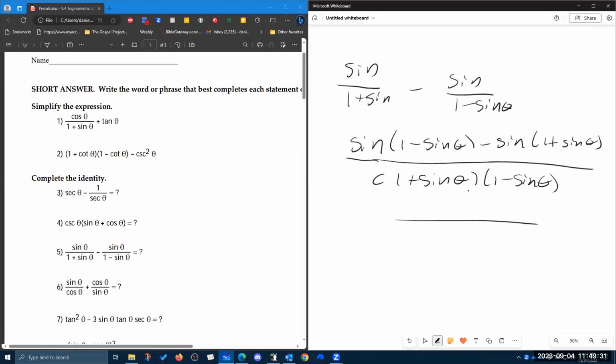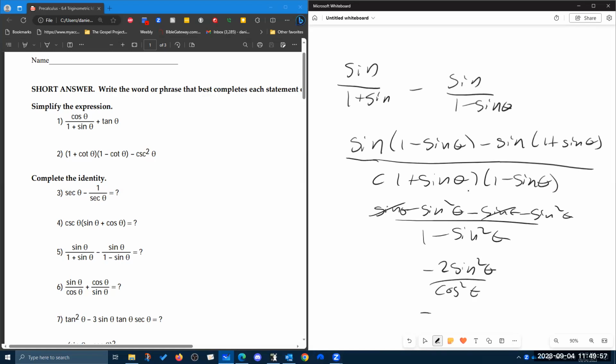And then the denominator, we get a 1 minus sine squared, which is a cosine squared. And at the top here, we get sine minus sine squared minus sine minus sine squared is going to be sine minus sine is 0. This is a negative 2 sine squared. Sine squared over cosine squared is tangent squared.